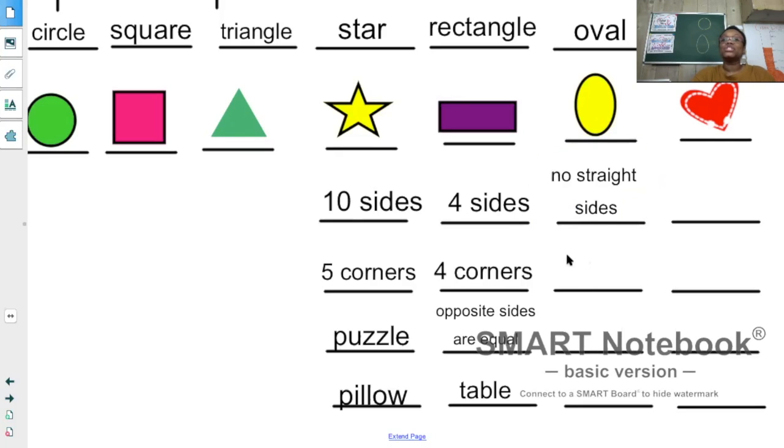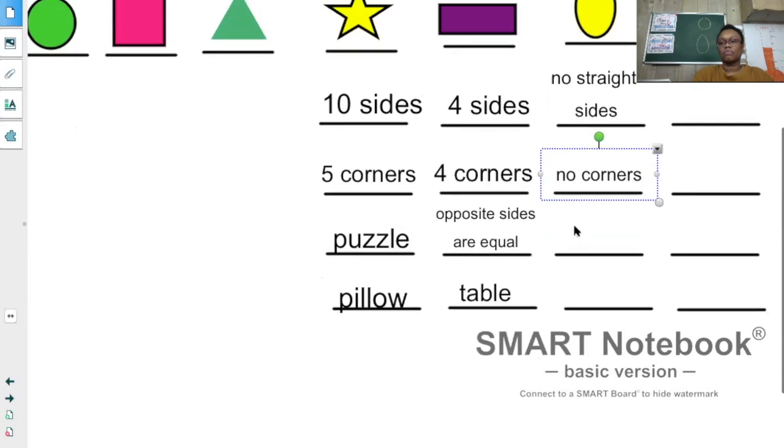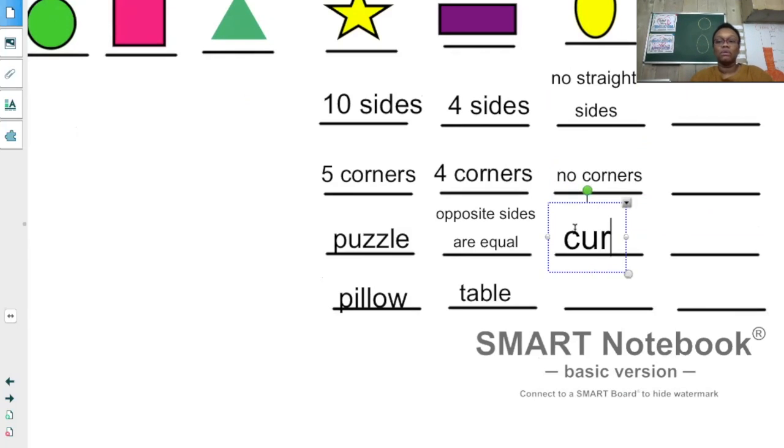And because it has no straight sides, it means no corners. And we described this shape as being curvy.